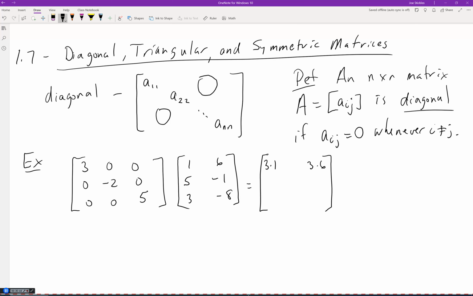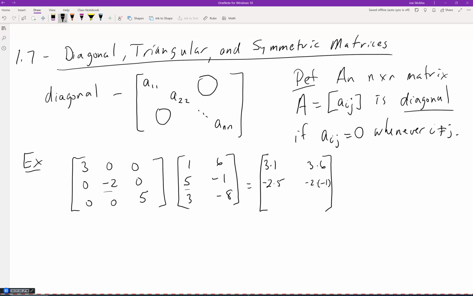What happens in the next row? What are the only products you're going to do in the next row? Yeah. So notice in the next row, the 0, negative 2, 0 is going to match up with the 1, 5, 3. The only product you end up doing is the negative 2 with the 5, right? So you have a negative 2 times 5 and a negative 2 times negative 1.